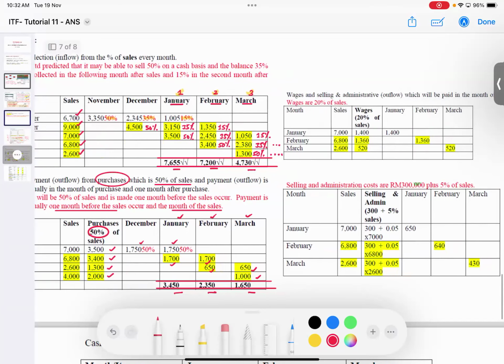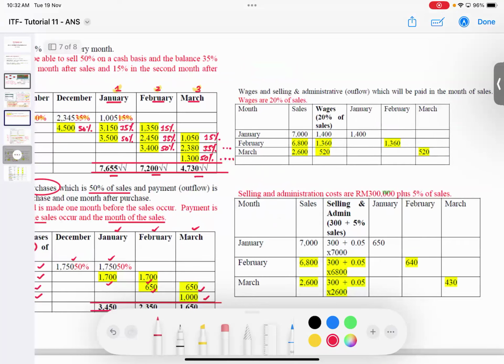We look into wages first. Wages is 20% of the sales, right? So you have the sales here, you just times 20% to get the value here. We pay on the month itself. Like January, you have to pay 1,004. February 1,360, and March is this amount.